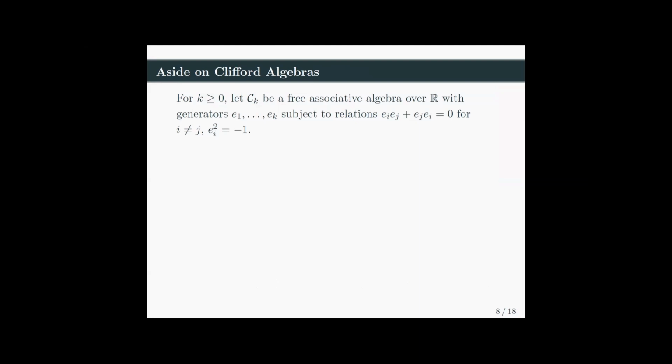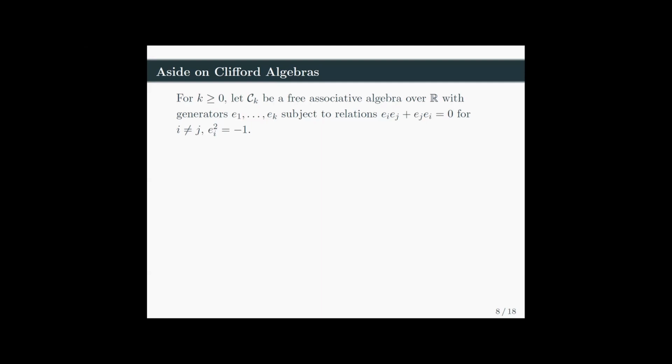Our proof is very constructive, and I need to go on a quick aside about Clifford algebras. I'm not an expert in Clifford algebras, and you probably know more about them than me. So if you're annoyed at my presentation of them, I'm sorry. But k is a number bigger than or equal to 0. Ck is a free associative algebra over the reals with k generators, and these generators have two relations they have to satisfy.